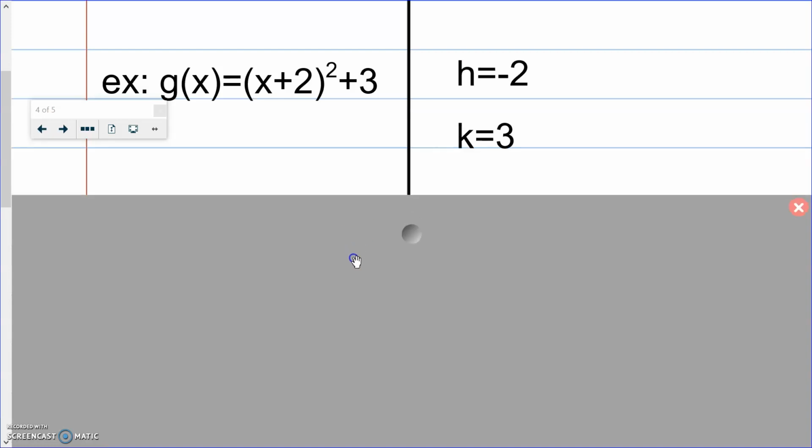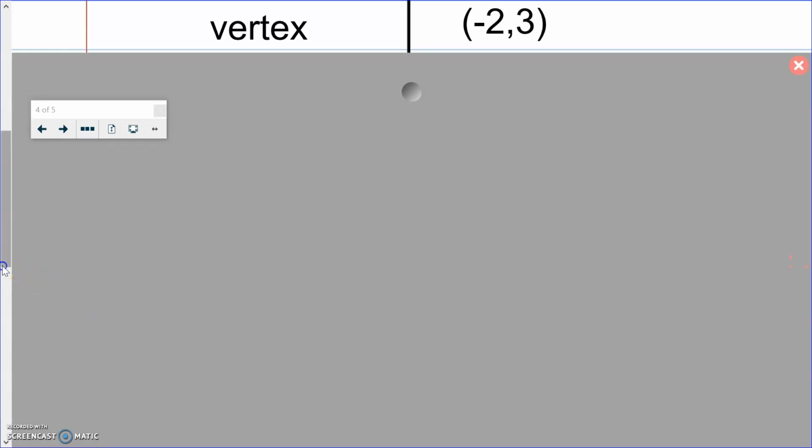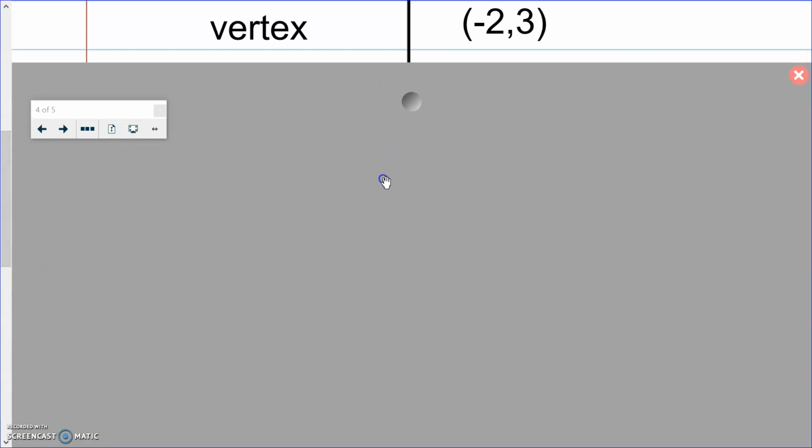Given the equation g of x equals (x plus 2) squared plus 3, remember h is the opposite of what's going on in positive 2, so it's negative 2. Our k is positive 3, so we just put that in for our vertex. Our vertex is negative 2, positive 3. Let's do one more, maybe two more.